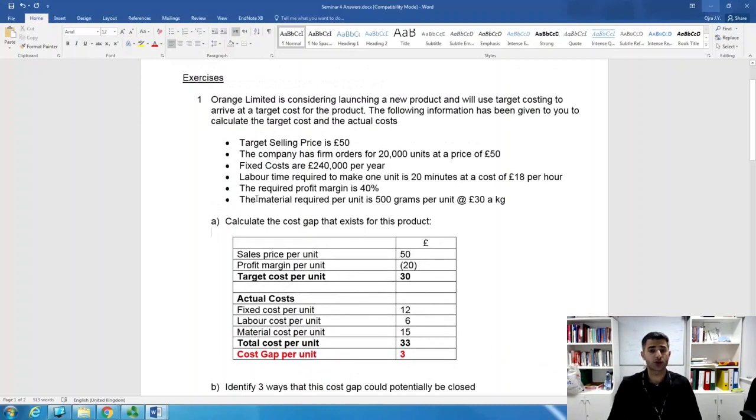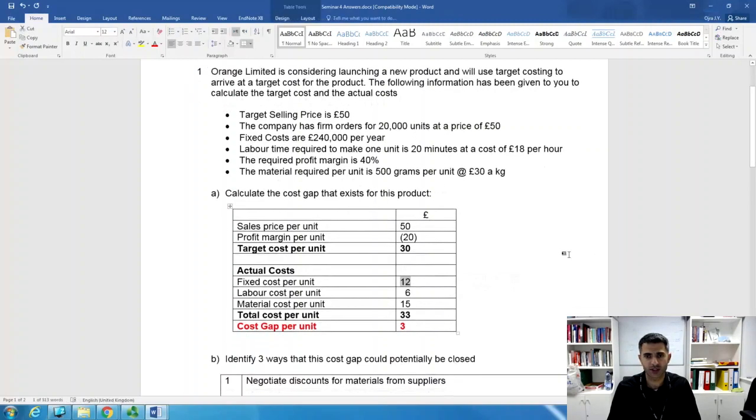For the actual or estimated cost, the fixed cost is £240,000 per year. If you divide it by the number of units, which is 20,000 units here, you should be able to find that the fixed cost per unit is £12.